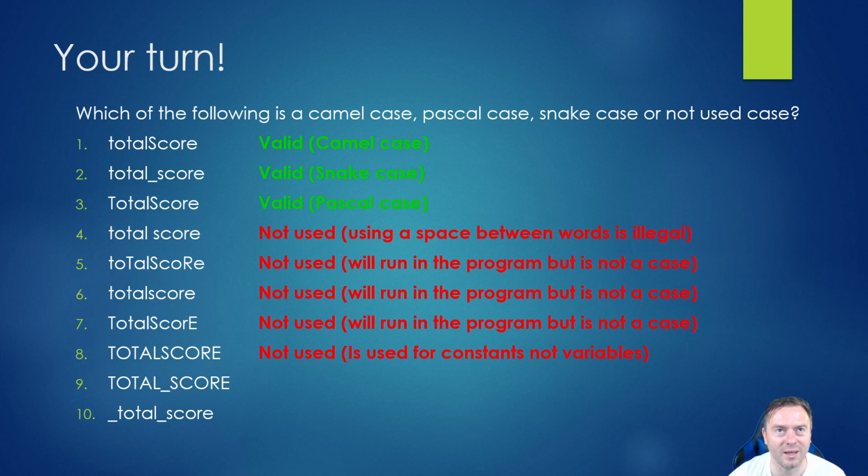By putting in capital letters, it shows other programmers that it is a constant. The same goes for the next one. You could say that's a constant as well, but we don't use it when we compare it to these three different cases. And the last one's not used as well, unless it's a default variable. But in terms of the three that we looked at, those are what we did.